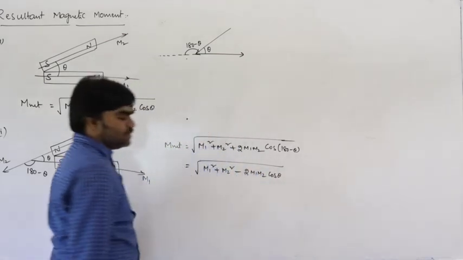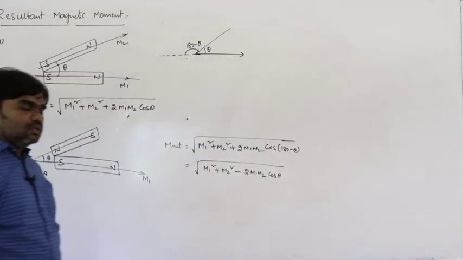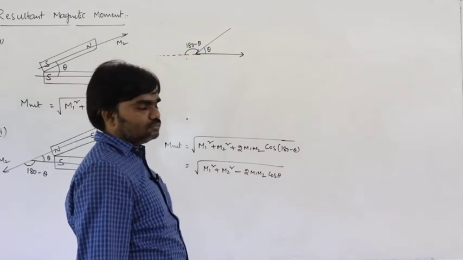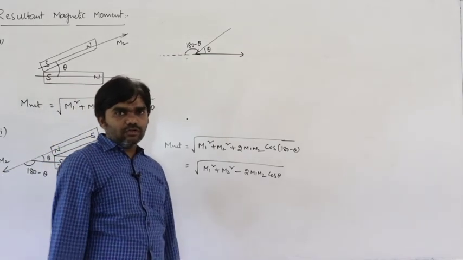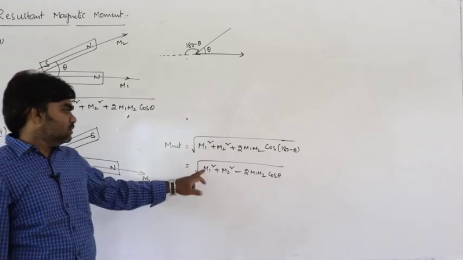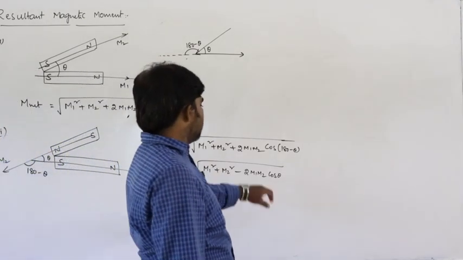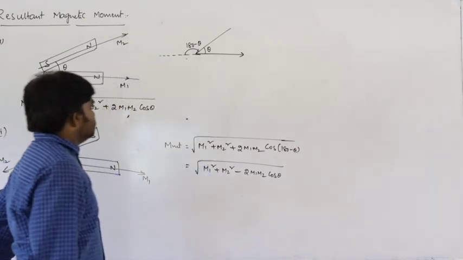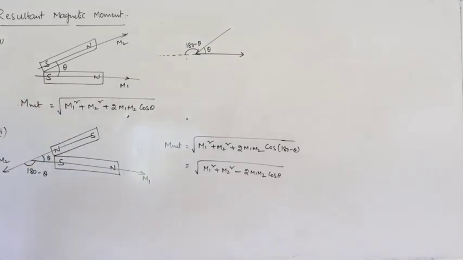Cos of 180 minus theta: which quadrant is it? 180 minus theta is in the second quadrant, where cos is negative. So M1 square plus M2 square minus 2 M1 M2 cos theta. So this is the way to calculate the resultant magnetic moment.